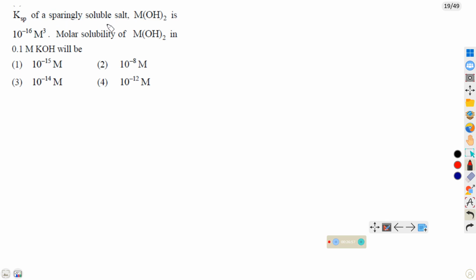Ksp of sparingly soluble salt M(OH)2 is 10 power minus 16 M cube. Molar solubility of M(OH)2 in 0.1 molar KOH will be. So Ksp is equal to M2 plus into OH minus ion concentration whole square. Ksp value is given as 10 power minus 16.